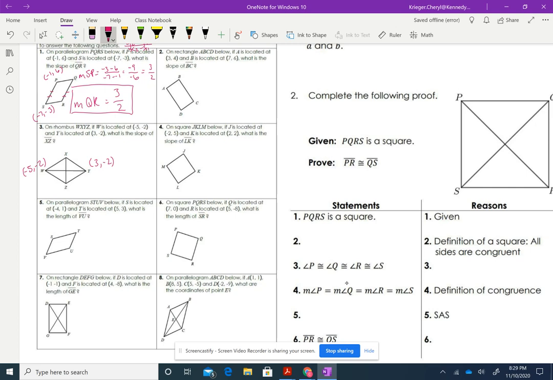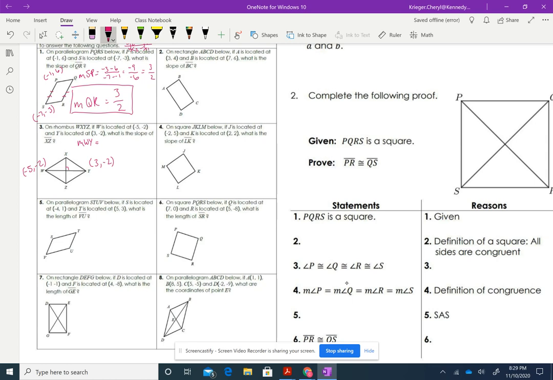A rhombus has perpendicular diagonals, right? Just like a square. So let's see here. I'm going to find the slope of WY and then take the negative reciprocal of that to find the slope for XZ.